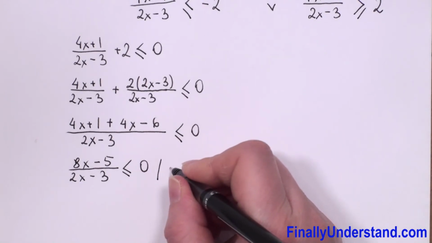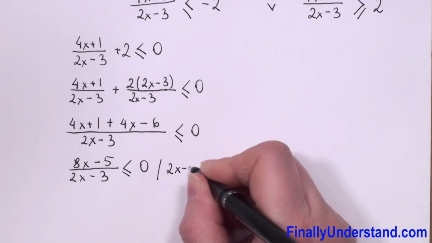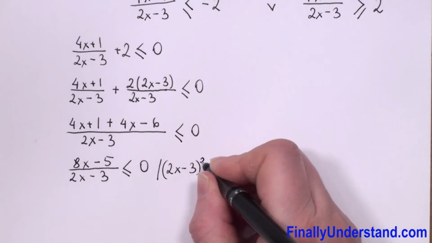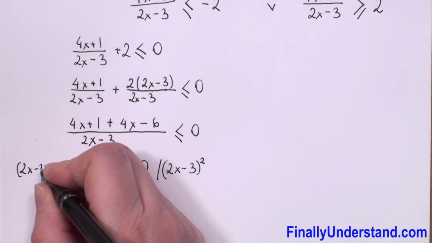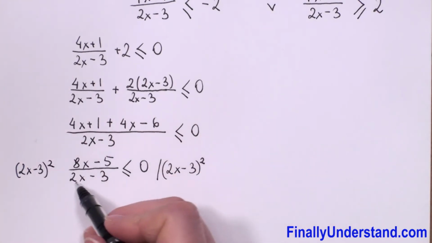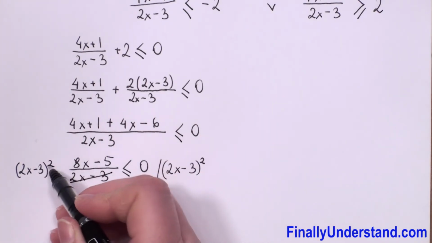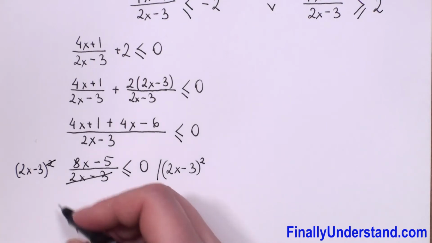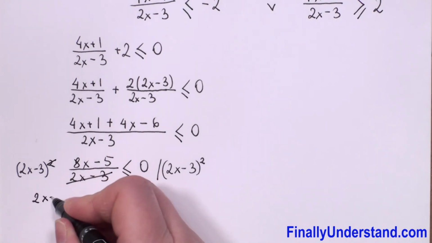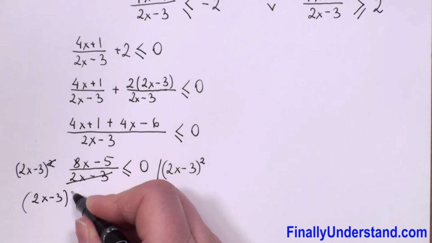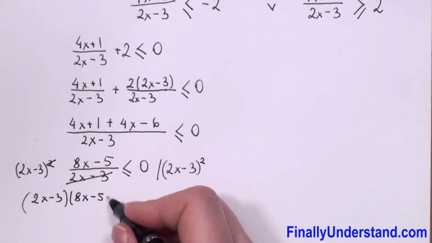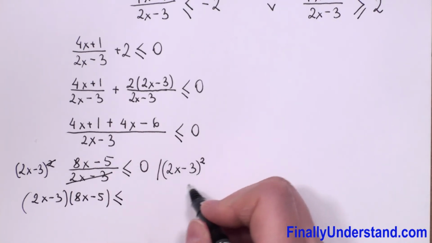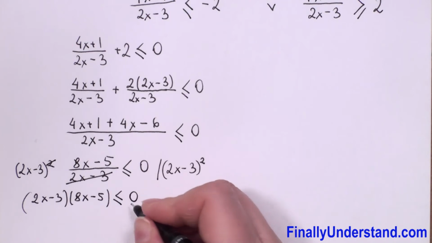So we have 2x minus 3 to second power. We multiply both sides. 2x minus 3 will cancel with a square, and we have 2x minus 3 times 8x minus 5 is less than or equals 0 times this expression will be 0.